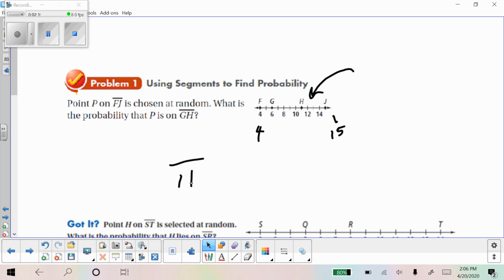So now we need to know the length of GH, which is 11 minus 6, which is 5. So the probability that the point will land on the segment GH is 5/11.